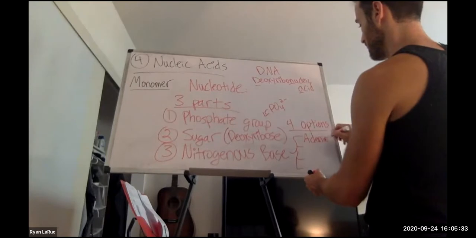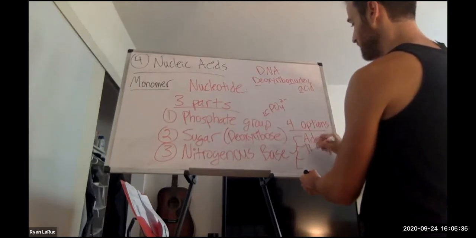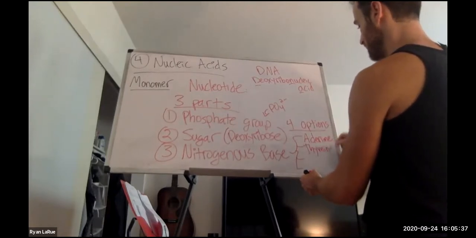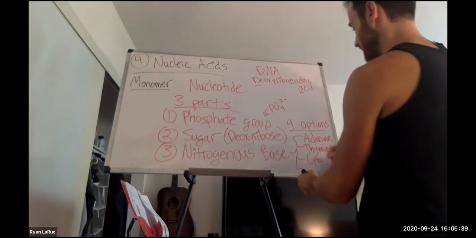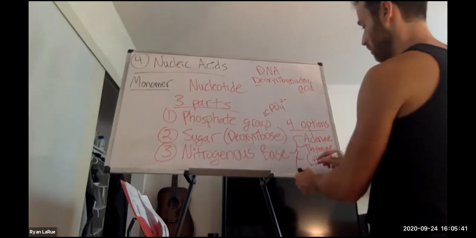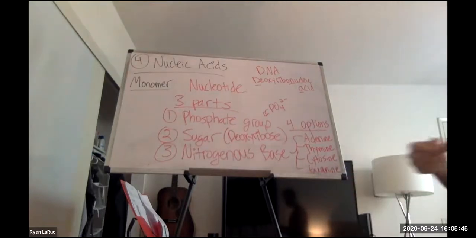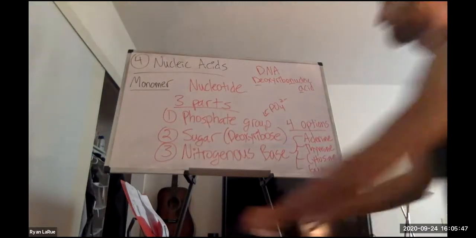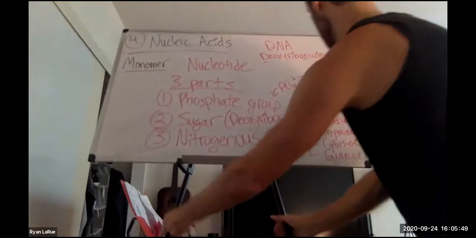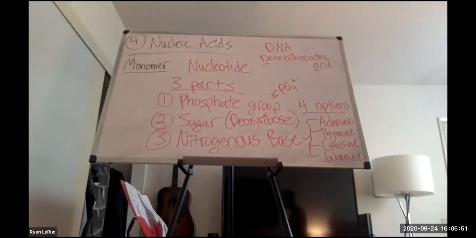This is our PO4. You can have an adenine, a thymine, a cytosine, or a guanine, in your nucleotide for DNA.